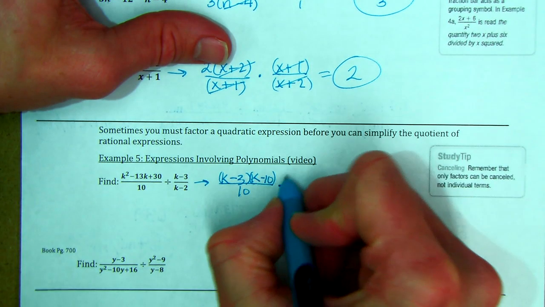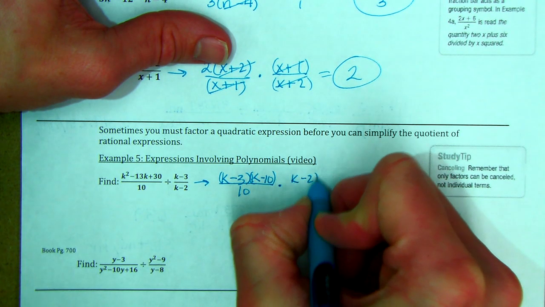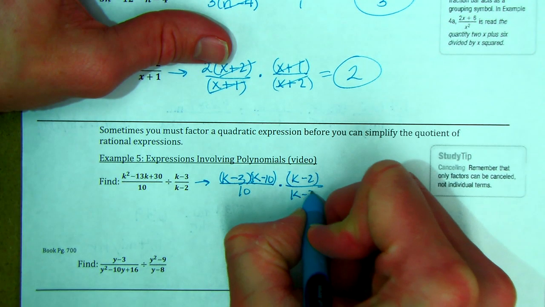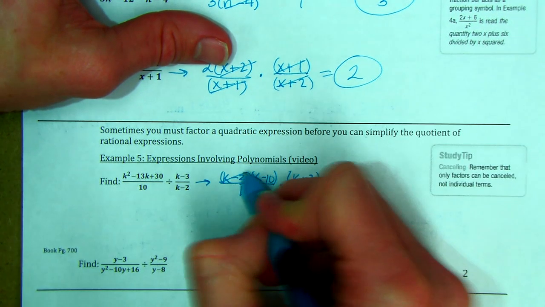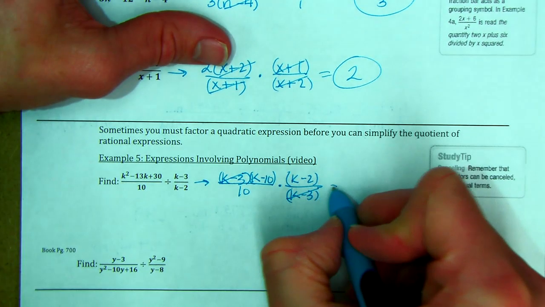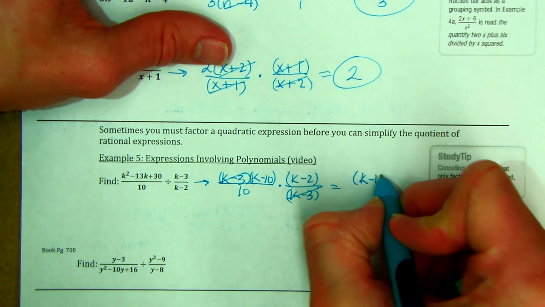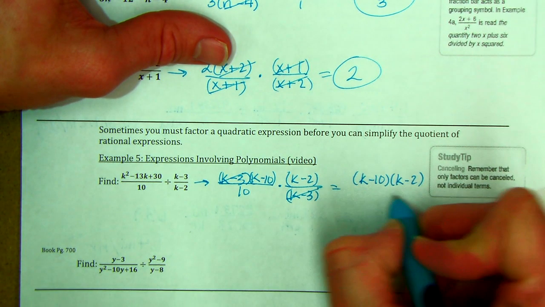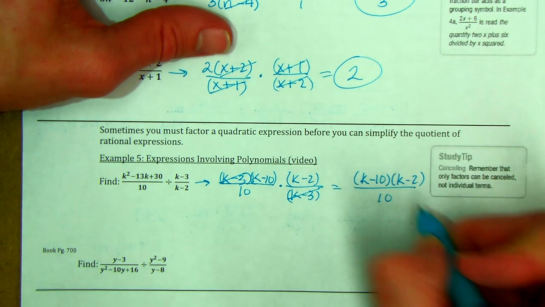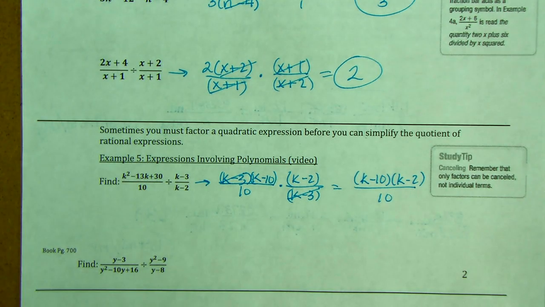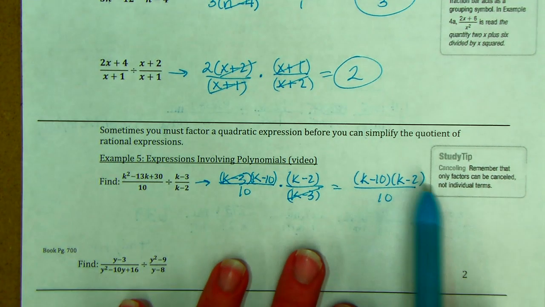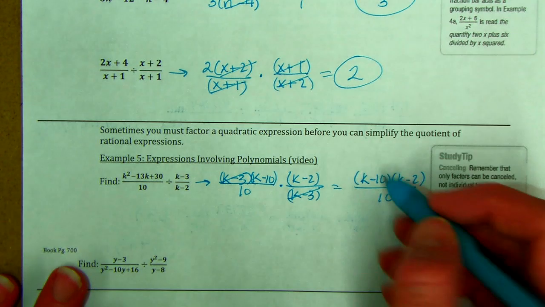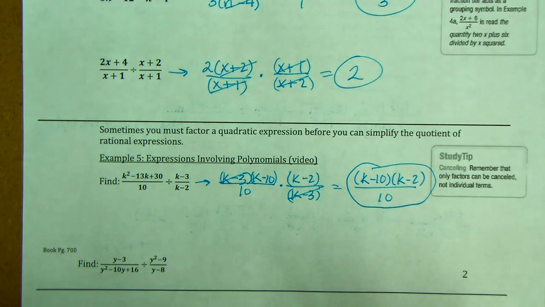So we can cross-reduce these, and my answer is simply k minus 10 times k minus 2 all over 10. And I know some of you are thinking, oh, can't we reduce that? No, we can't. Now, if you want to multiply that out, you can, but I'm okay with just taking factors there. Just leave it as two binomials. Don't multiply it out and get the wrong answer just simply for math error. All right, leave it alone.